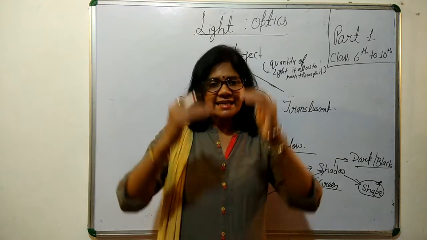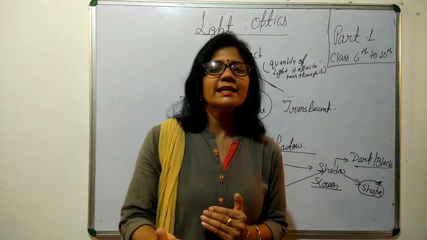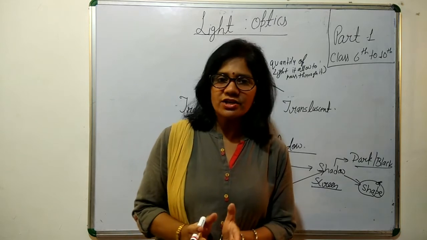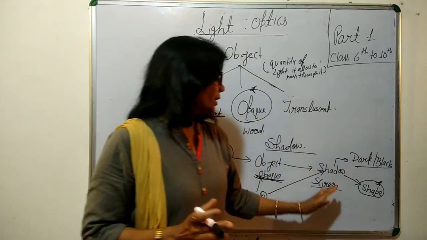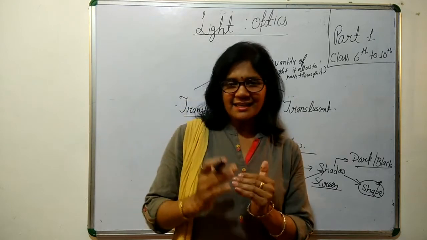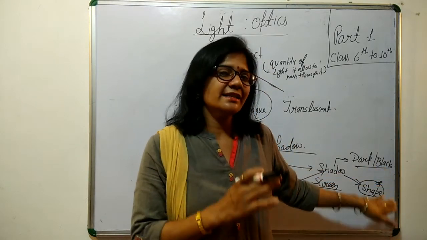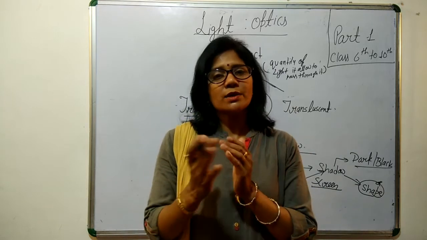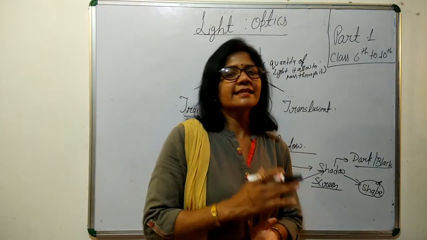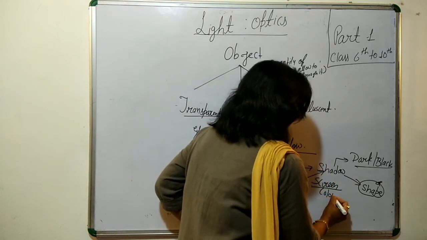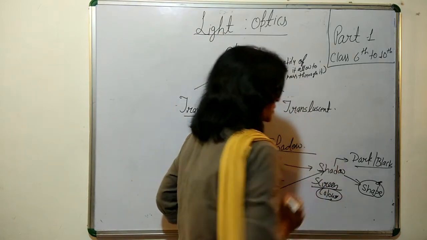If your screen is light in color, you will get a very fine shadow. If your screen is dark in color, then the shadow will be merged in it, and it will not be as sharp as in the case of a light color screen. So screen color affects the sharpness of shadow.